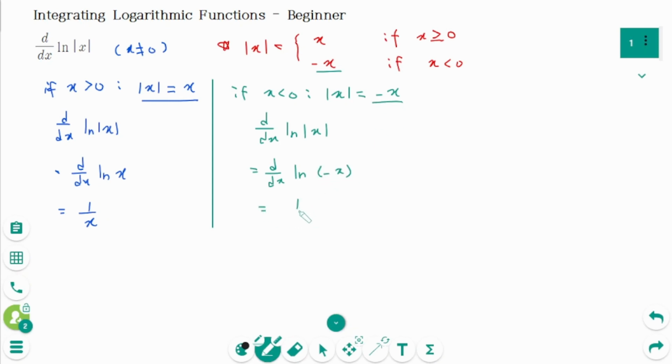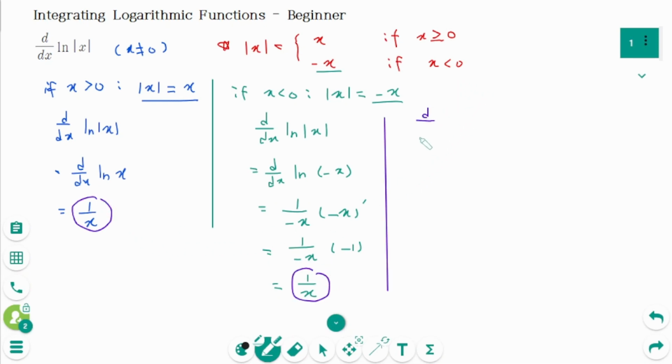Use the chain rule: 1 over minus x times (minus x)', 1 over minus x times minus 1. The answer is 1 over x. So we have the same answer. Then d/dx of ln absolute value of x equals 1 over x. x cannot be 0.